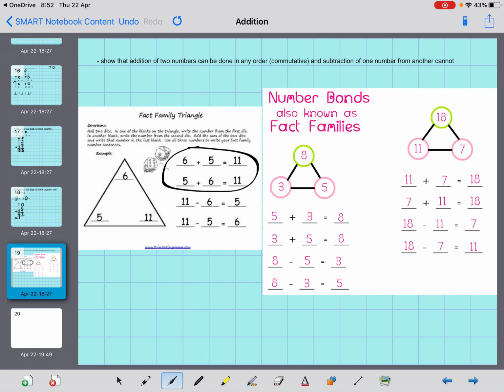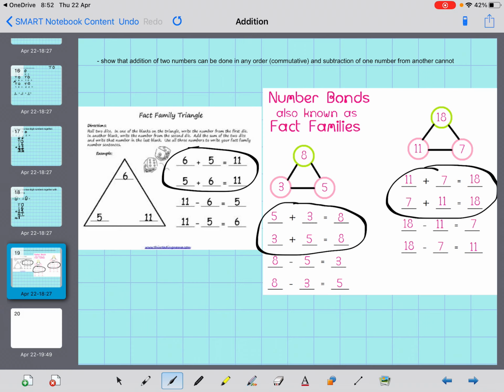The answer 11 stays at the end, but I've swapped around my 2 numbers that I'm adding together. Again, you can see here, 5 and 3 make 8, and I can swap around my 2 numbers that I'm adding. 3 and 5 make 8. And the last one here, 11 and 7 make 18. I can swap them over. 7 and 11 make 18.